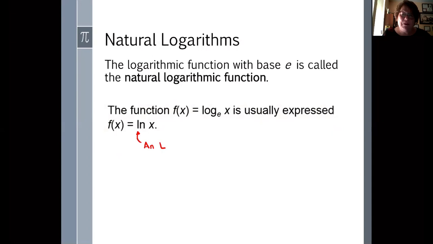Because one semester, many years ago, I had a student who typed in all of his natural logarithmic functions into MyMathLab using a capital I. So he got every single solitary problem incorrect. So that is an L. It is not an I.